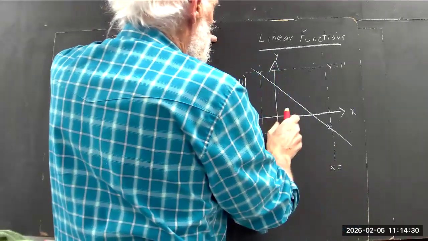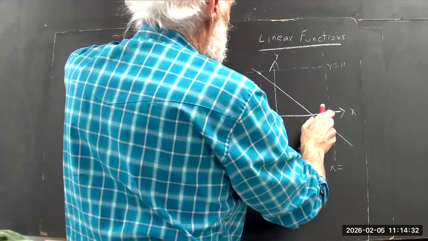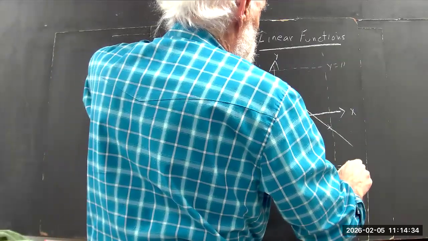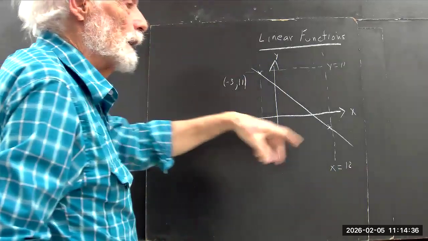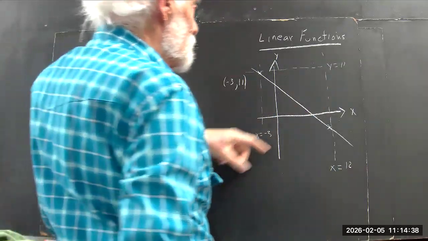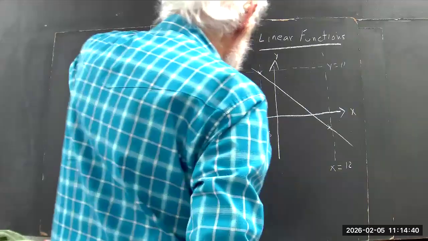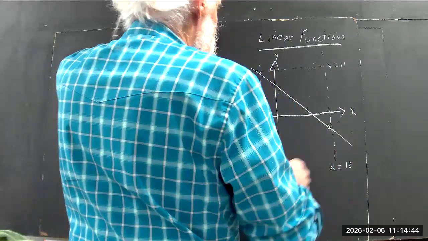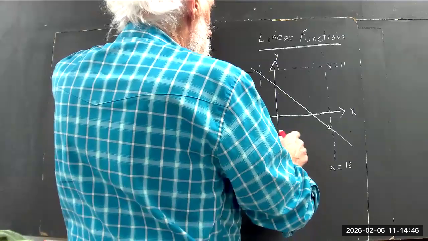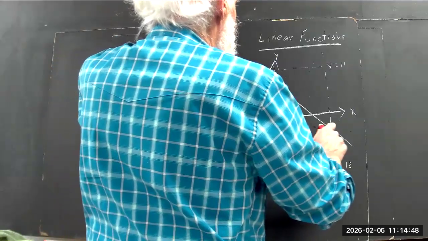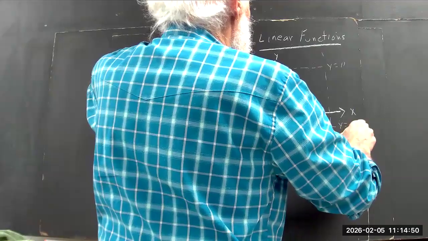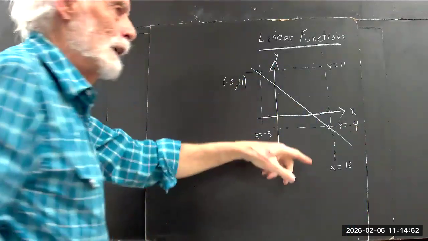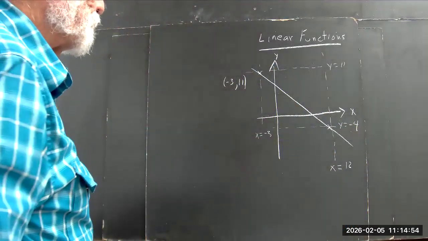If this is 3, that's about 3, 6, 9, 12. It really came out 11, but I don't want to have two 11s in here. I want to have different coordinates. And what would this be? Well, that looks kind of close to -3, but we'll say this is y equals -4, just so we don't have a couple of -3s in there. All right.